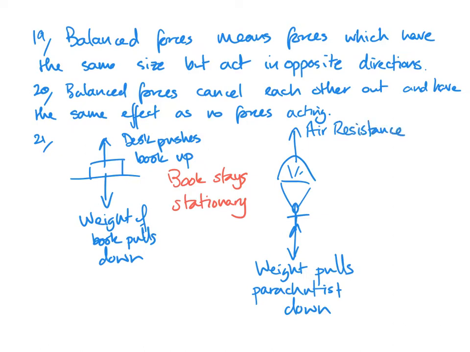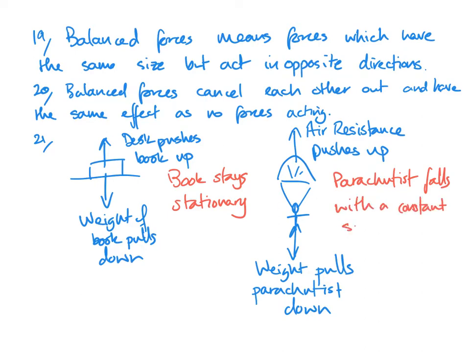Air resistance pushes up. And because these forces are balanced, the parachutist falls with a constant speed.